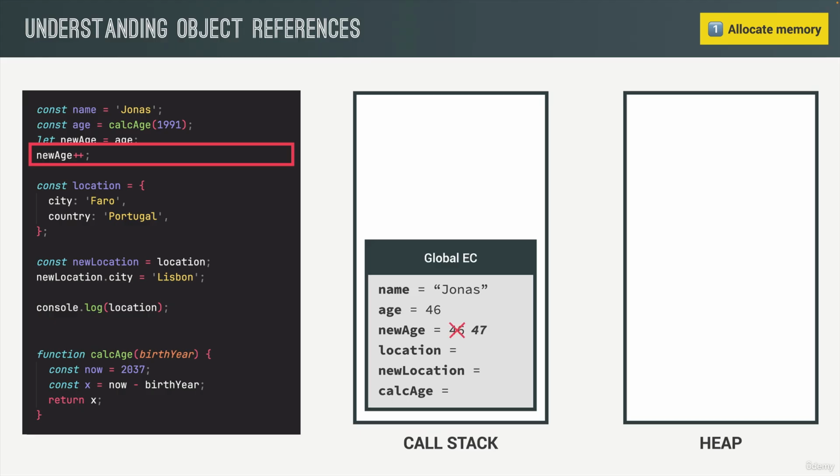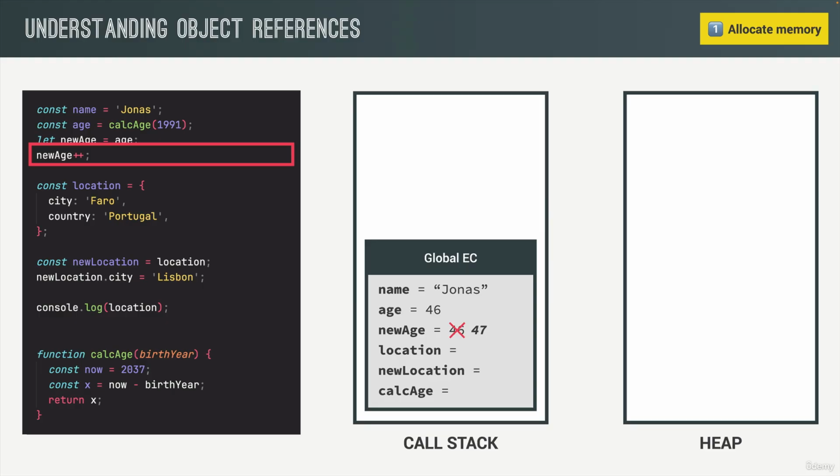Now, as we update newAge from 46 to 47, the primitive value stored in age stays, of course, at 46. So again, age, which is where the original value came from, remains unchanged. So each of the variables holds its own copy of the value at all times. Now this is pretty intuitive, but it's very different from how objects work, as we'll see in a minute.